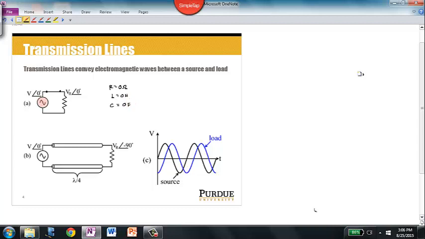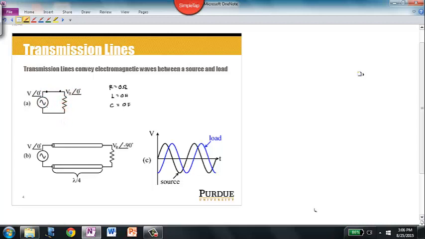This assumption mathematically leads to a signal generated by this voltage source appearing instantaneously at this load, and there's not going to be any phase shift between the voltage at the signal source and the voltage at the load, assuming that this is a resistive load only.